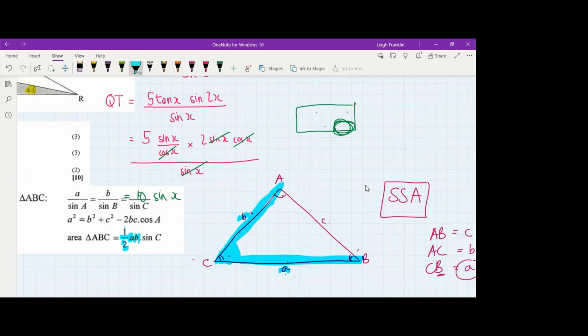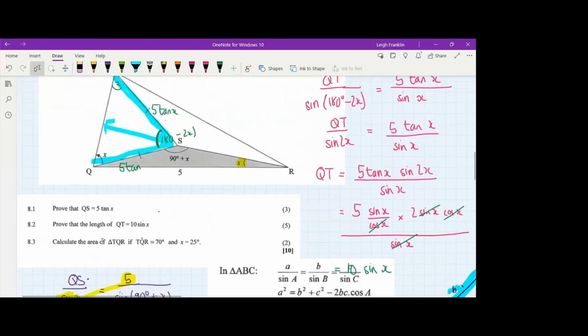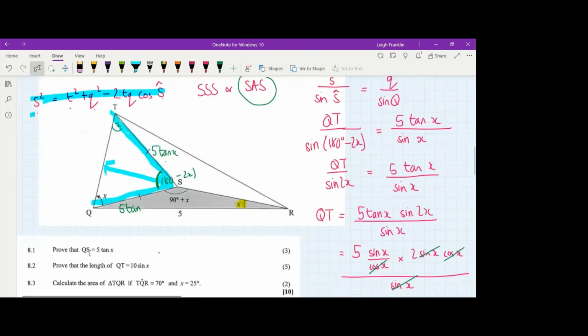Now if we go back here and have a look at what they've given us, they've told us that TQR is 70. Where's TQR, guys? TQR. That's this angle over here, and it is 70. It's the big triangle. There aren't just 3 triangles here.